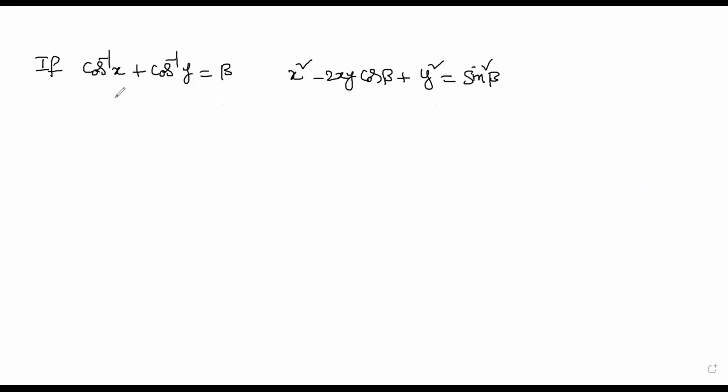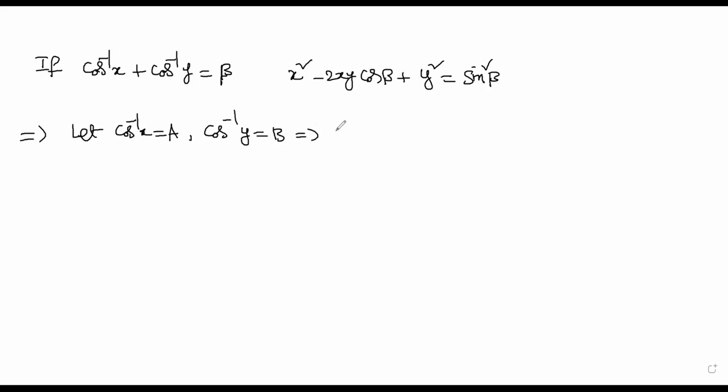Easy only. See, cos inverse x plus cos inverse y is beta, they have given. So what I will do is, let cos inverse x is equal to a and cos inverse y is equal to b.